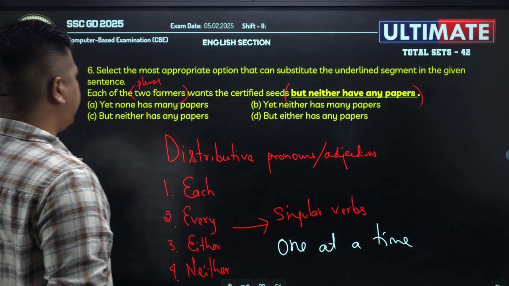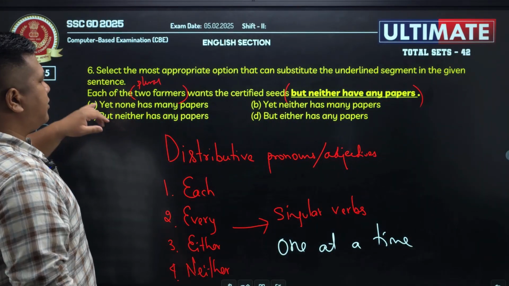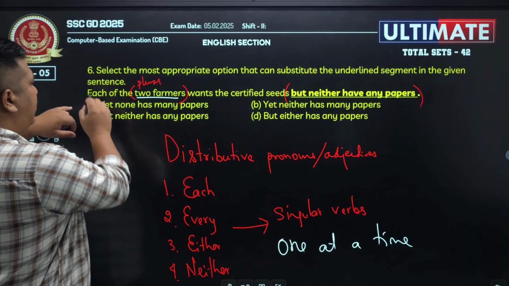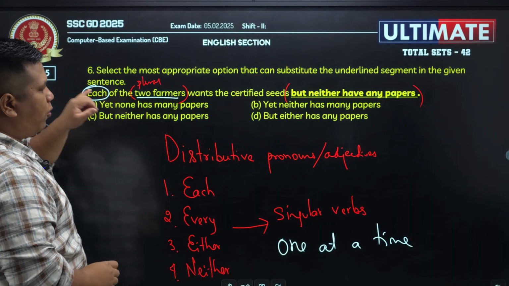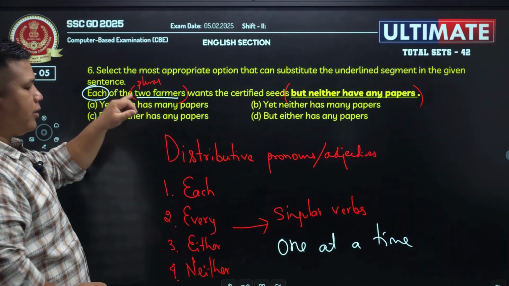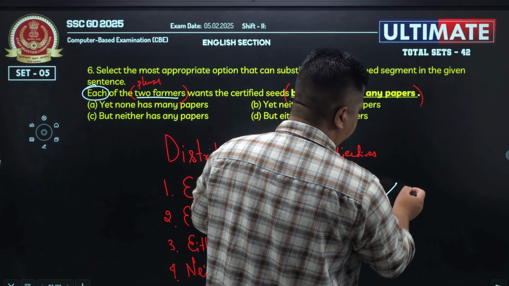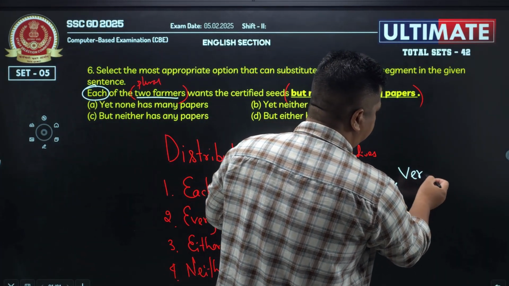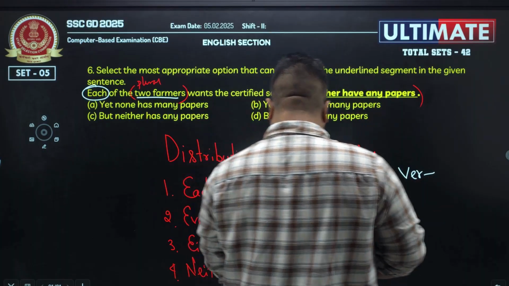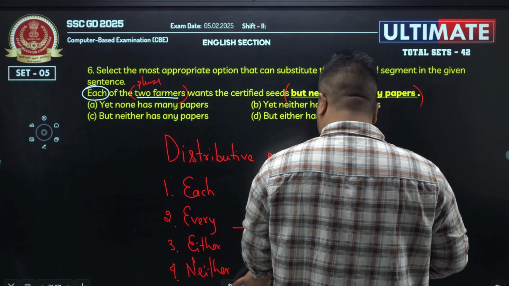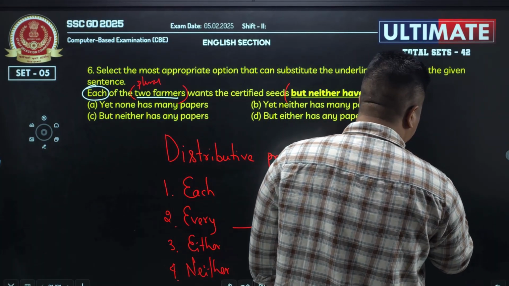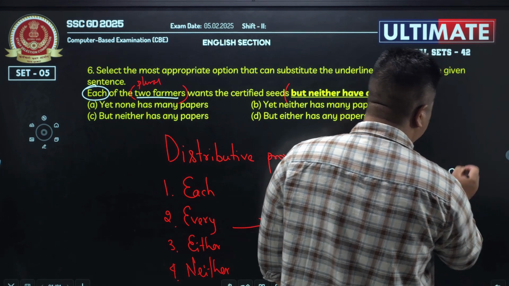One at a time. Each of the two farmers means one by one, so it takes a singular verb. A singular verb is the verb plus the letter s.